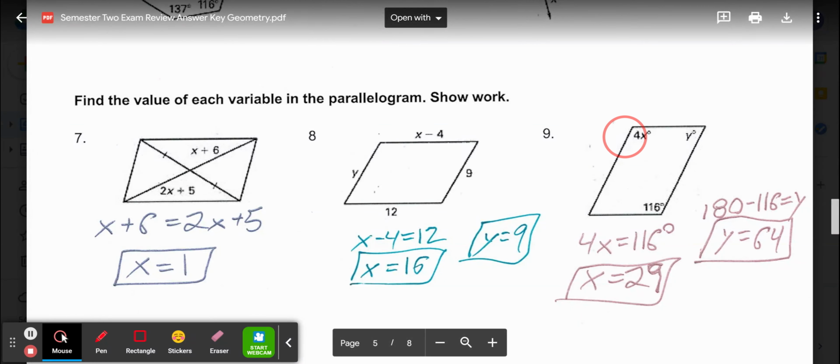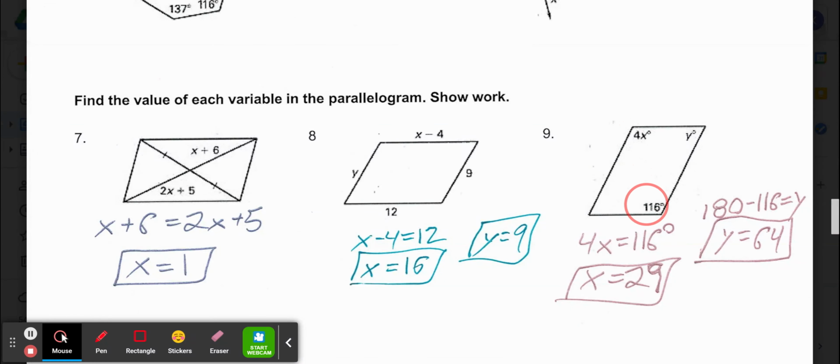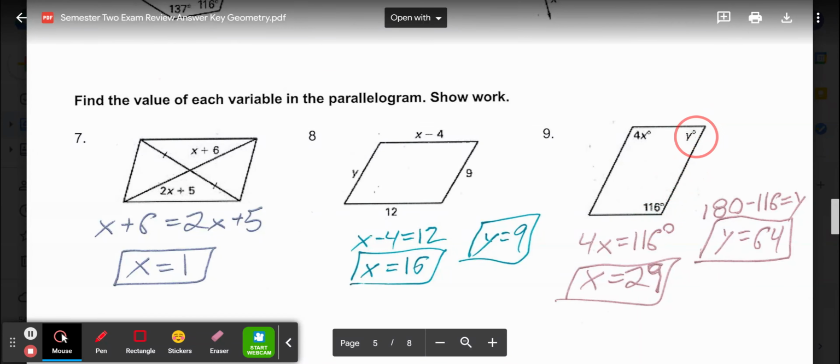And then in 9, 4x equals 116, so x would equal 29, and we know adjacent angles are supplementary, equal to 180, so 180 minus 116 will give us y, so y is 64.